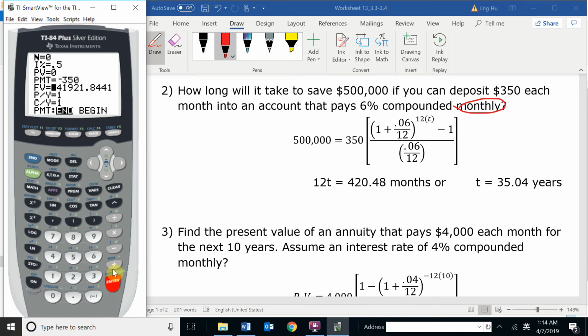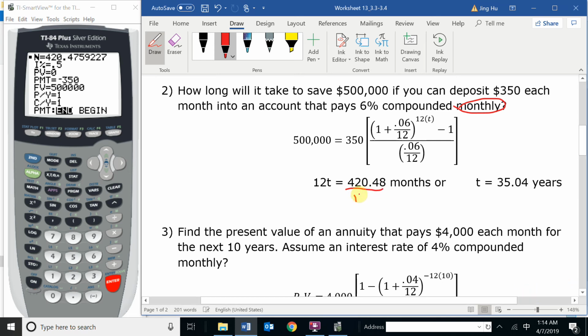And the future value is, because every month you deposit 350, then how long until you get 500,000, so that's the future value. 5, enter 5 zeros, and go back to N, let the black square cover the 0, press alpha, enter. So you get 420 months. So that means 35 years, because you divide it by 12, you will get 35 years.